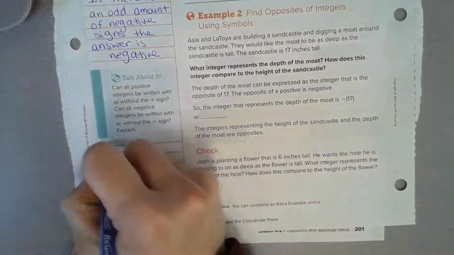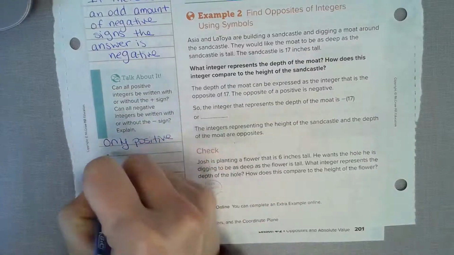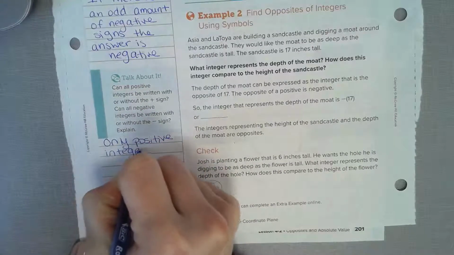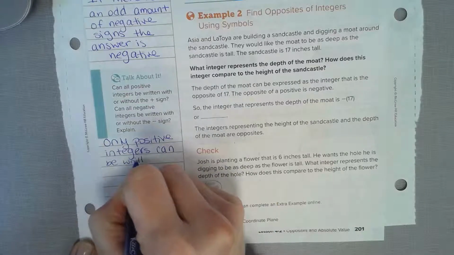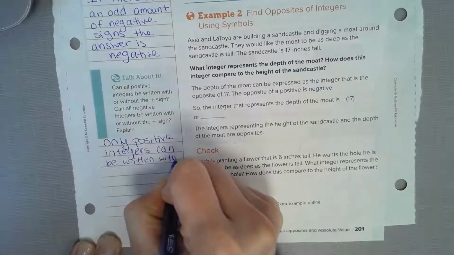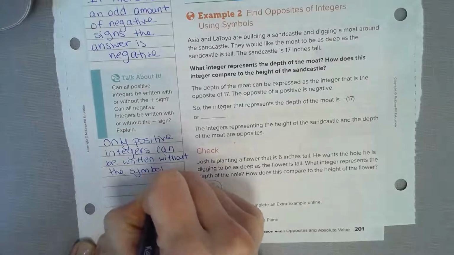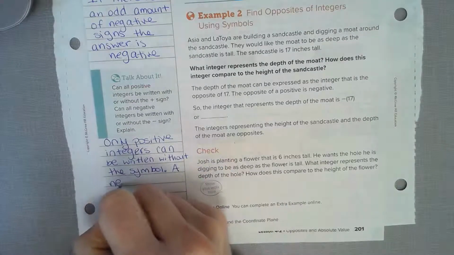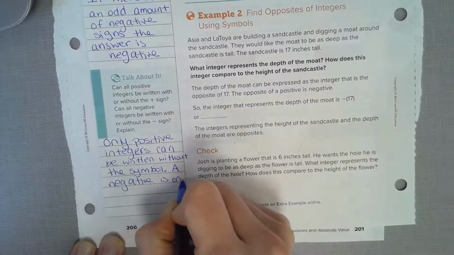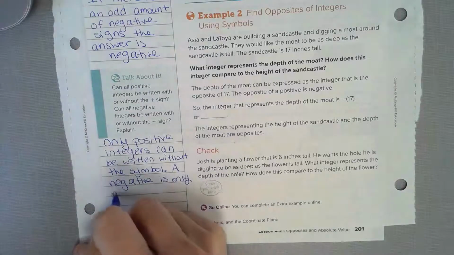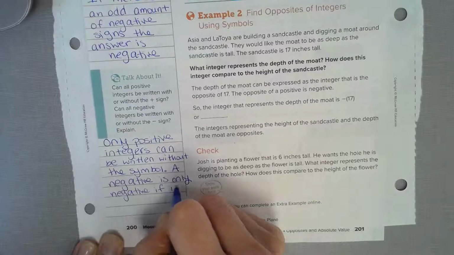Well, only positive integers can be written without the symbol. A negative number is only negative if it has the symbol.